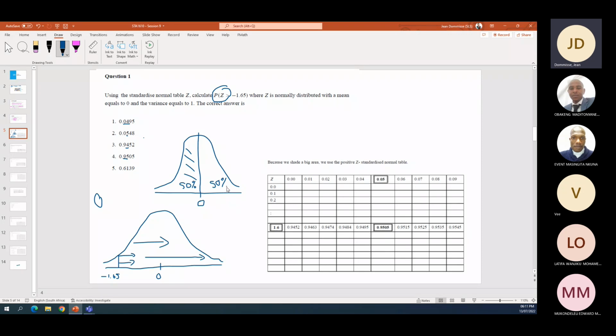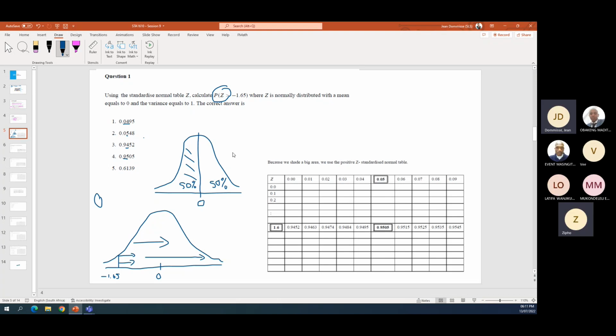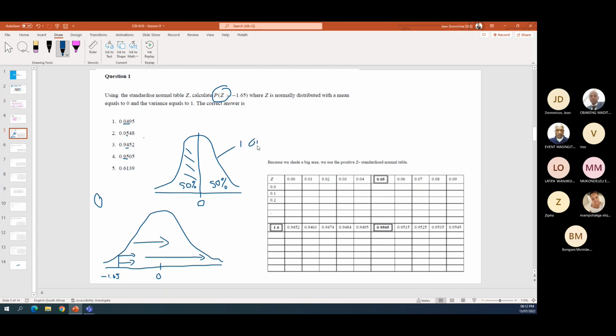I'll just quickly explain why. One of the rules of probability is that everything underneath the probability curve adds to 1, or 100%. Another rule is that the normal distribution is symmetrical around the mean.